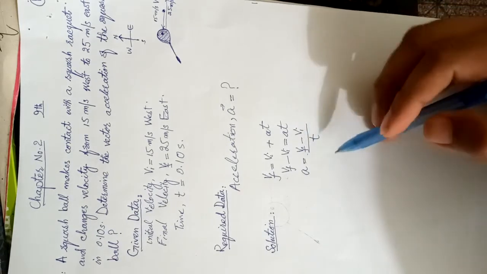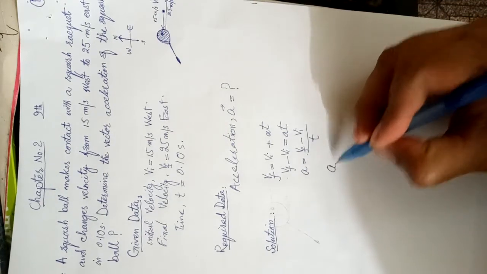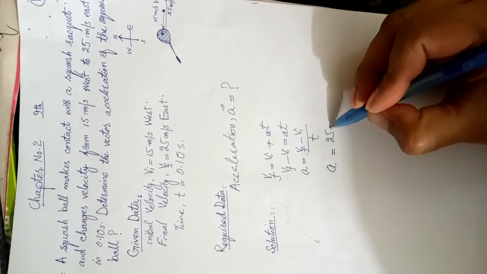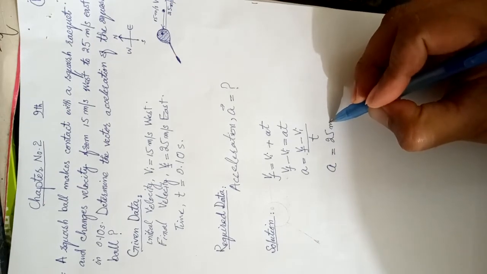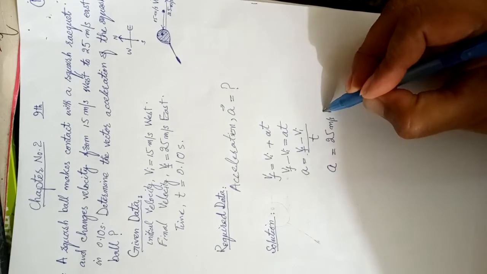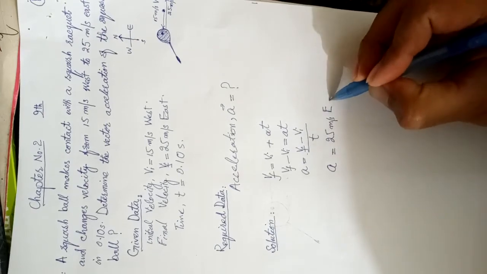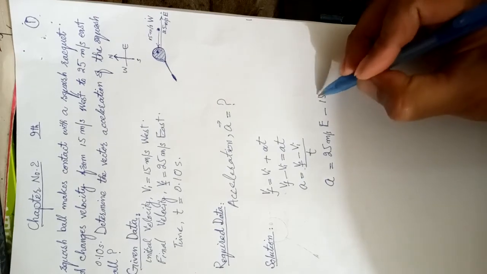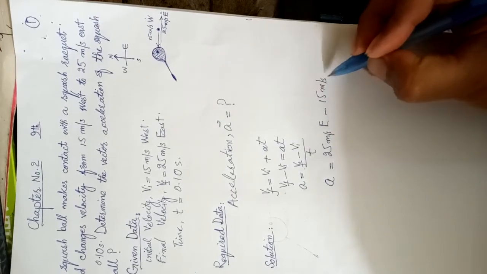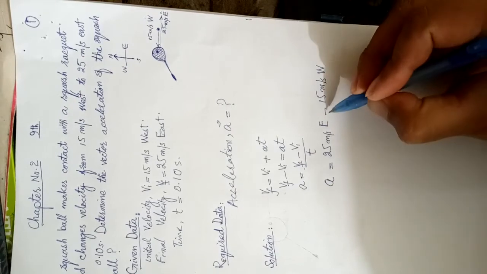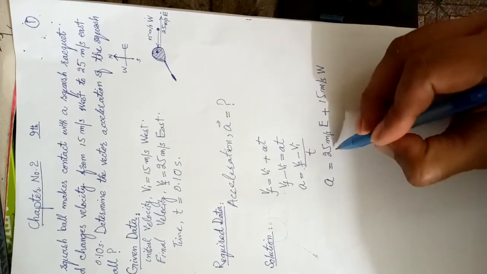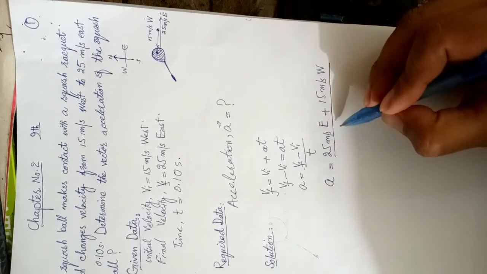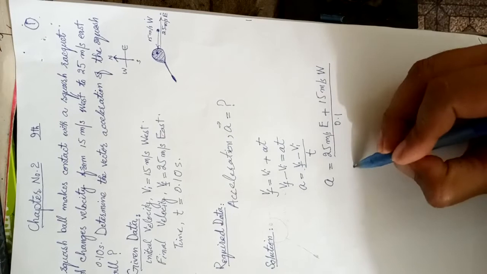Now by putting the values we will get A is equal to 25 meter per second towards east, and initial velocity is 15 meter per second towards west, so it is in opposite direction. So minus into minus we will get plus, and time is 0.1 second.